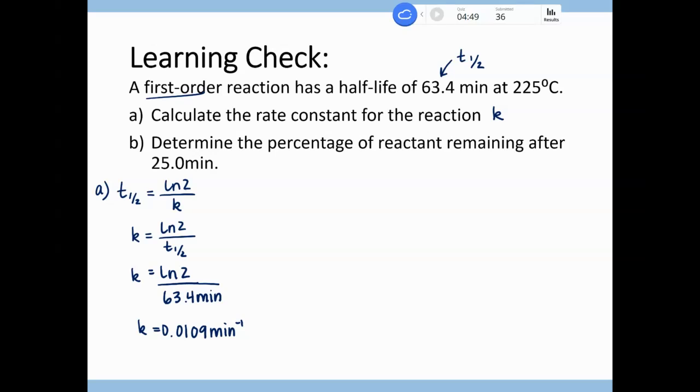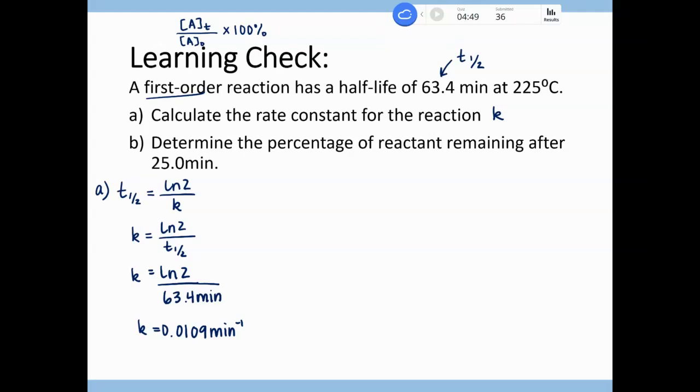If you have a certain amount of A remaining after some time, that's the concentration of A at time t. If we wanted the percentage remaining of the initial concentration, we would divide this by the initial and multiply by 100%. That would tell us percent of A remaining.